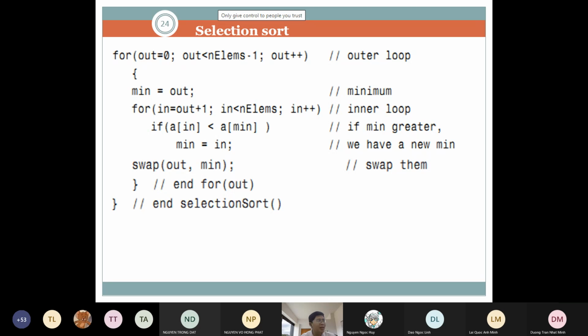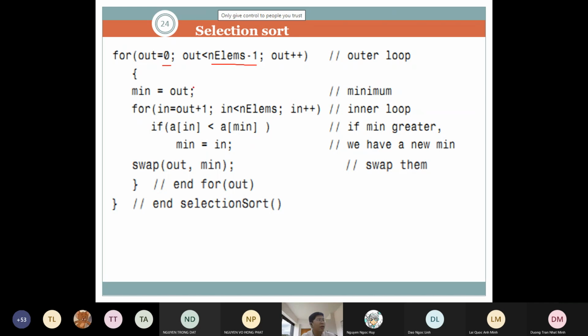Is there any special thing that you have to notice here? We start from 1 to n minus 1, which is the number of items we have to sort.